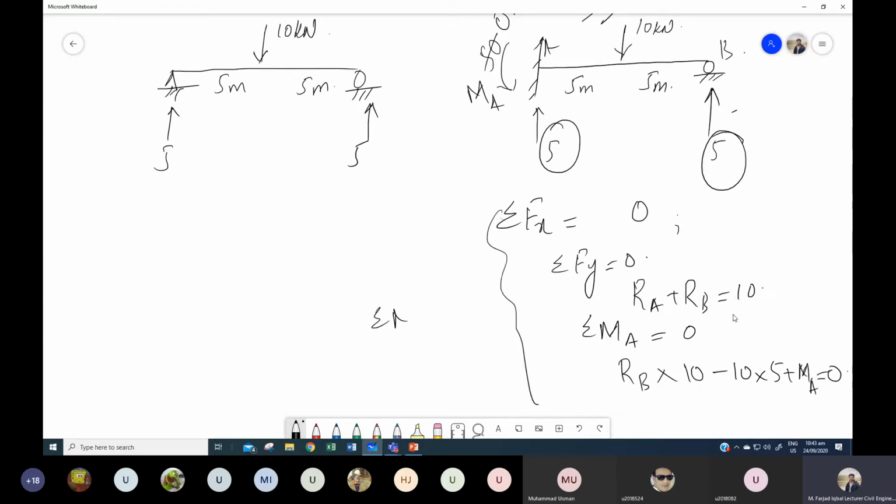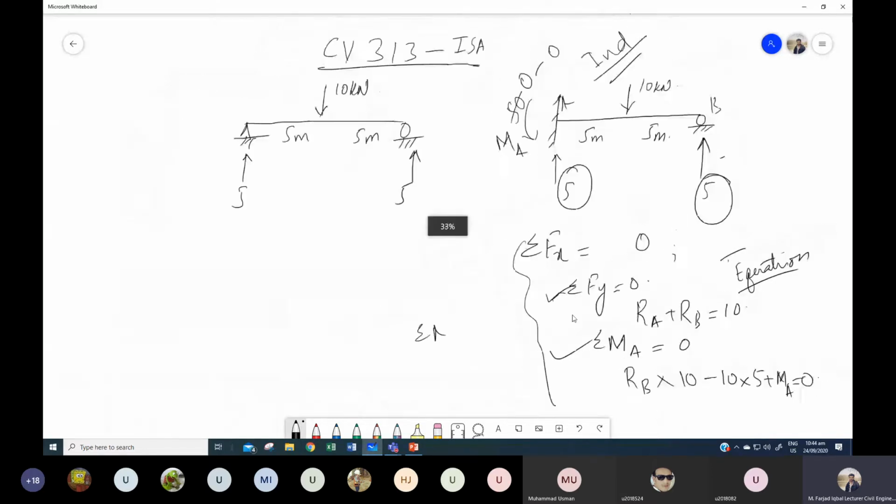So we have two equations and three unknowns. No matter what we do, we can't figure out these three unknowns using these two equations. So this is basically an indeterminate structure, and we need another equation or some method by the application of which we can solve this question.